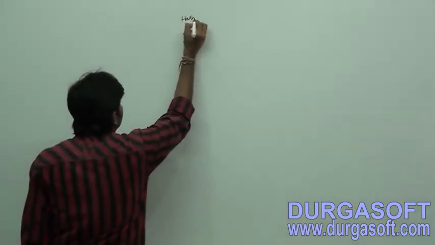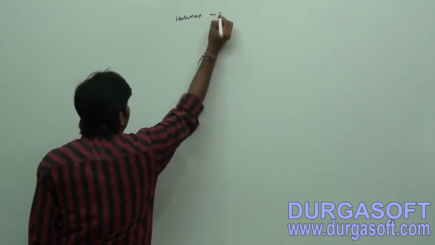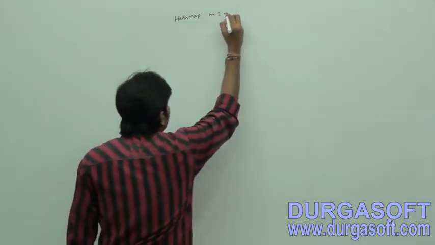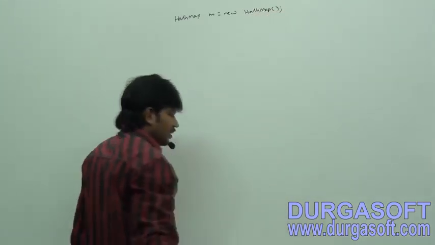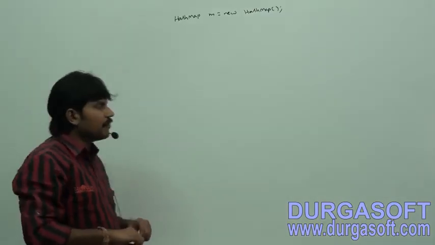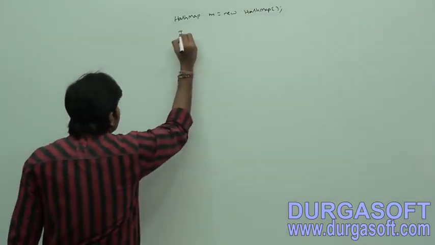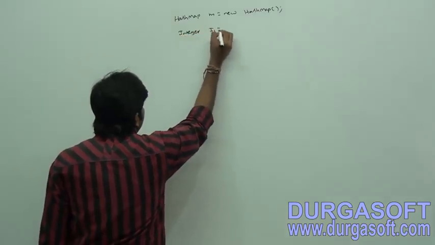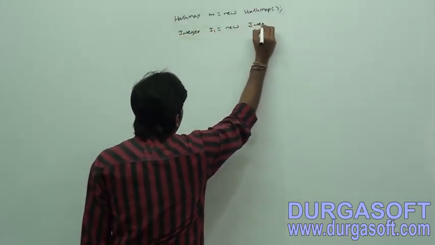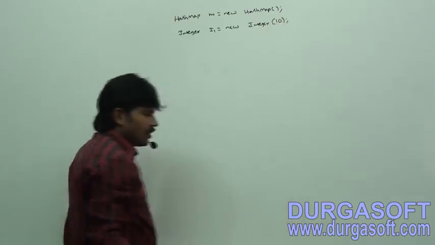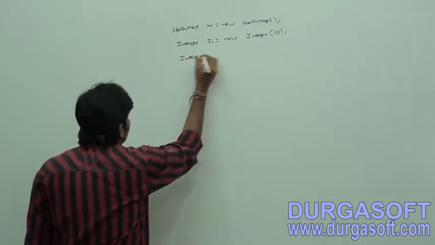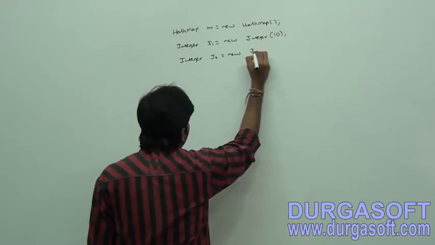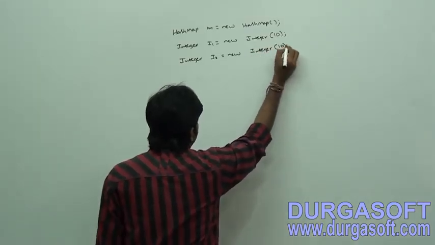Sir, I am taking a HashMap. Listen to this a bit carefully. HashMap m is equal to new HashMap. It is a normal HashMap object. Now Integer I1 is equal to new Integer of 10, Integer I2 is equal to new Integer of 10.